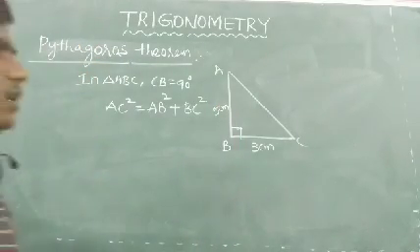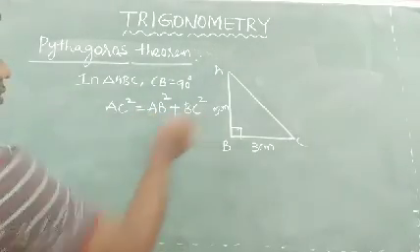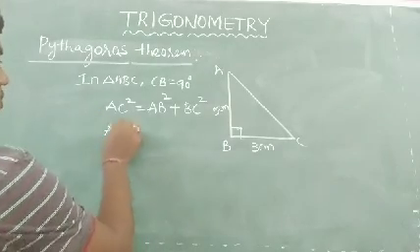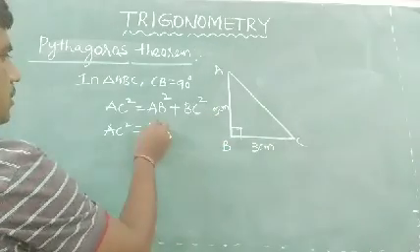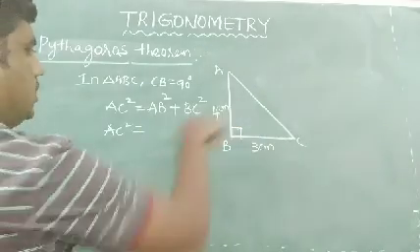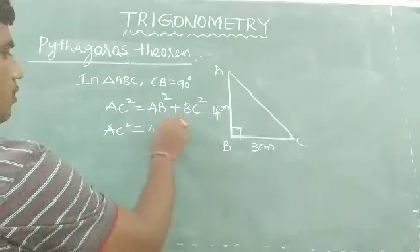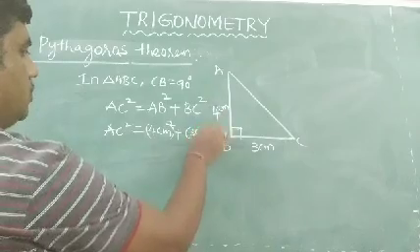We have to find the AC length. So AC square equals AB square plus BC square, that is 4 centimeters whole square plus 3 centimeters whole square.